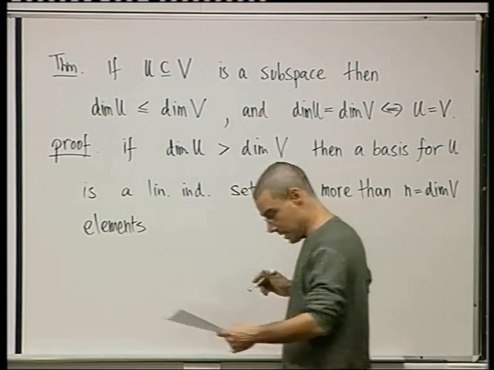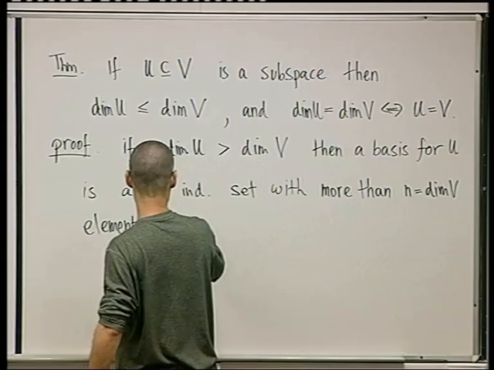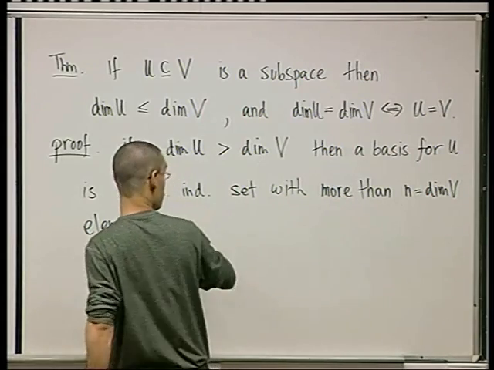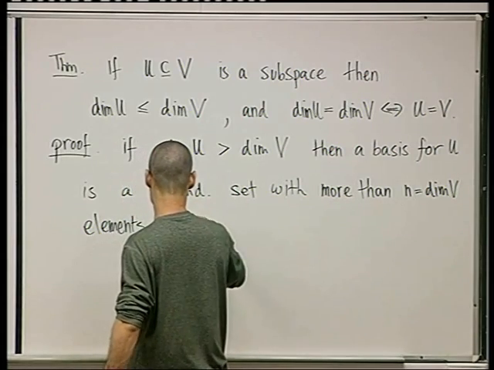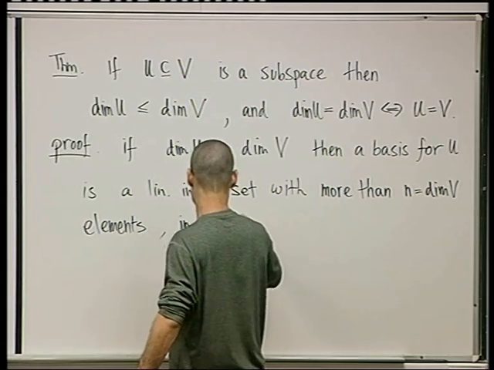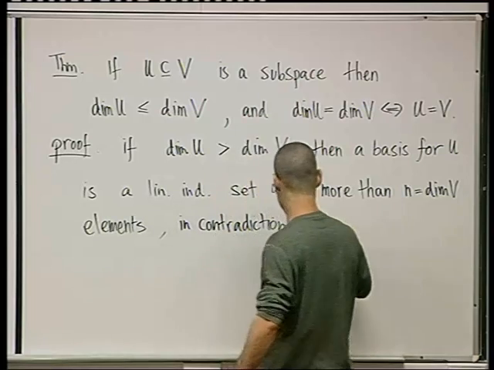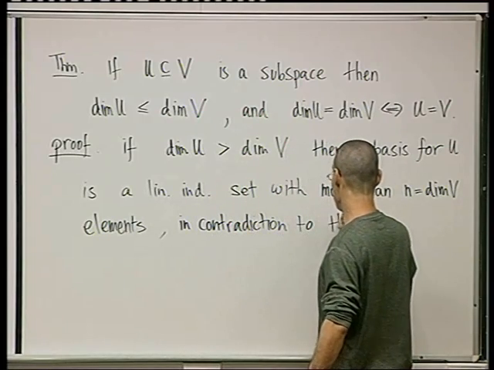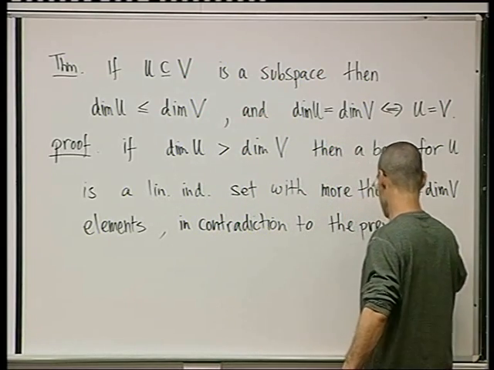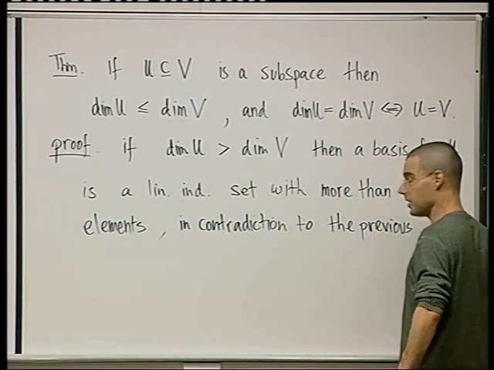Okay? So linearly independent with more than n equals dim V elements, in contradiction to the previous theorem. The previous theorem in the previous lesson.